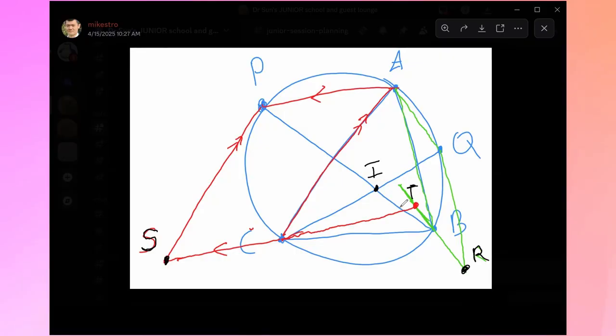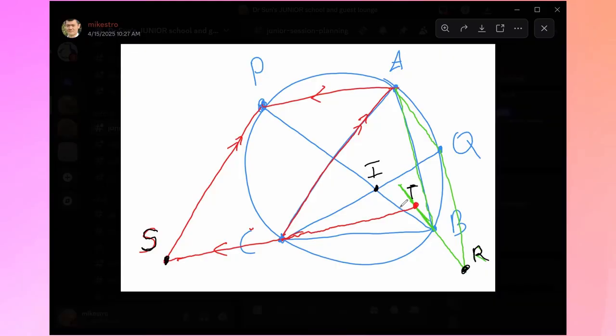Okay, so now I want you to, we got basically all the angles we can hope for, right? Maybe we're missing a couple, okay? So look at the angles that we need to make the bow tie work for S, I, T, R, okay?